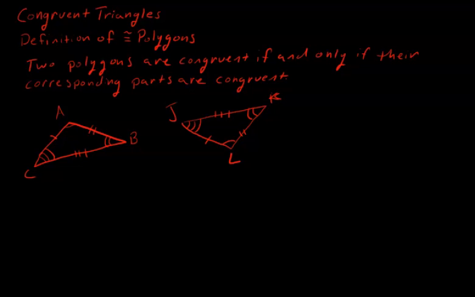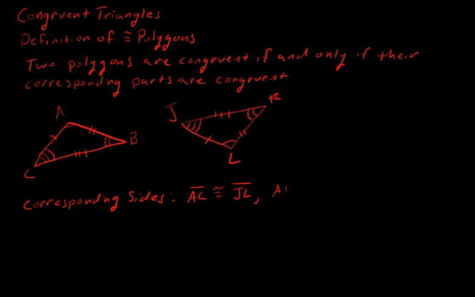One of those is the corresponding sides. So what are our pairs of corresponding sides? So these are any sides that are congruent. So one of our sides would be AC. AC is congruent to JL. So they are corresponding sides.